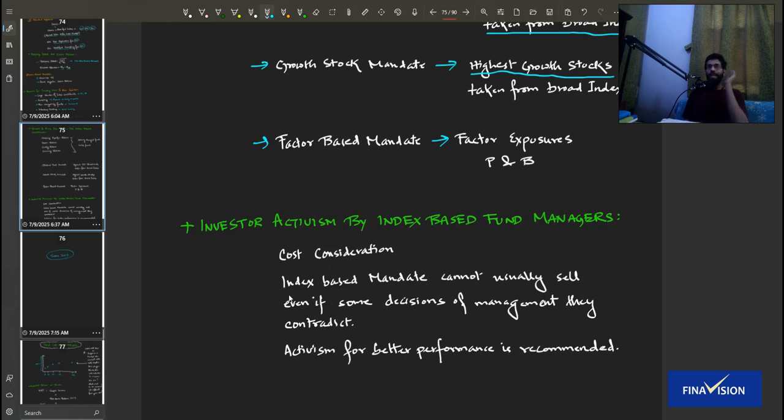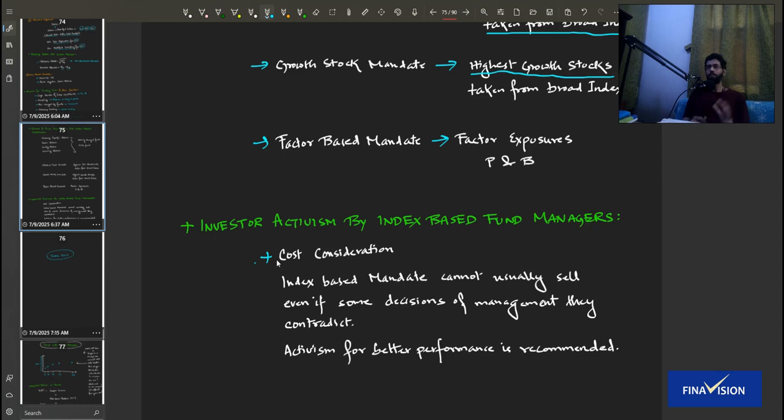Now, is investor activism a very prevalent thing in index-based fund management? Let us ask this question. First of all, activism requires some cost considerations because there are legalities, litigations, regulations, mandates, votings, board representations, media campaigns. All these things are involved in investor activism.